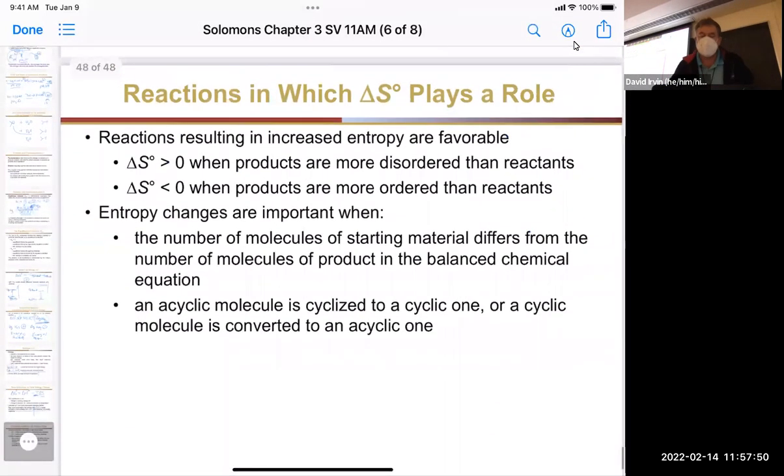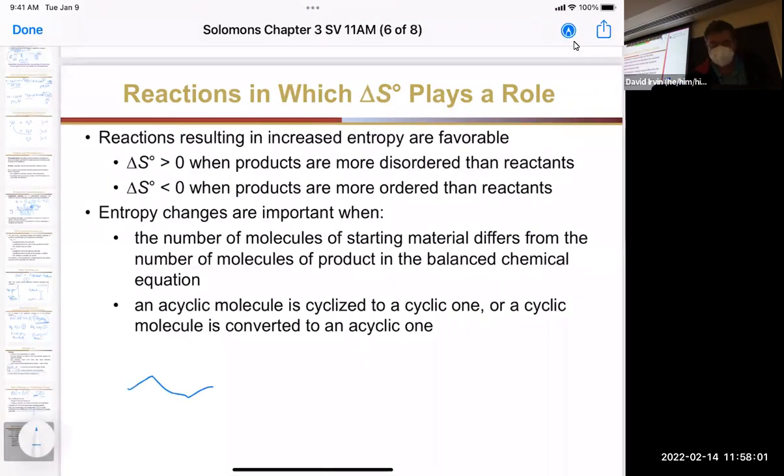The only time you'll ever have to worry about entropy is when you are going to dramatically change the disorder, like going from one thing to 5 things, or from 5 things down to 1 thing. Okay, so let's look at this. If we had something that breaks apart, that increases entropy because it created more things.